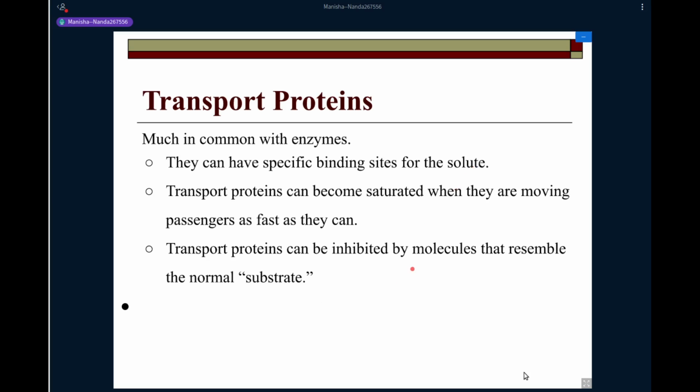If that substrate goes and binds there, it will lead to the saturation of the binding sites of that particular solute, and it will no longer be able to carry that specific solute across the membrane, right? So I hope you are clear with all these points.